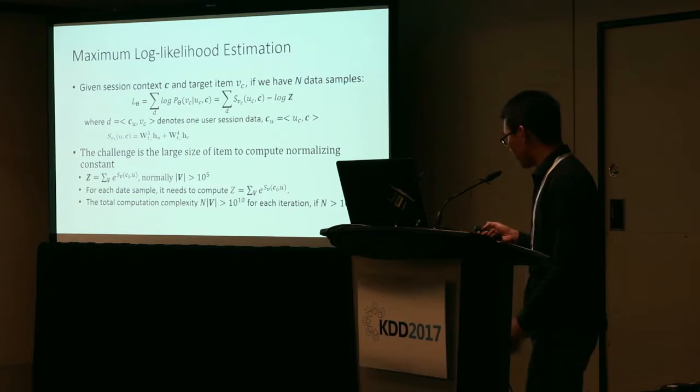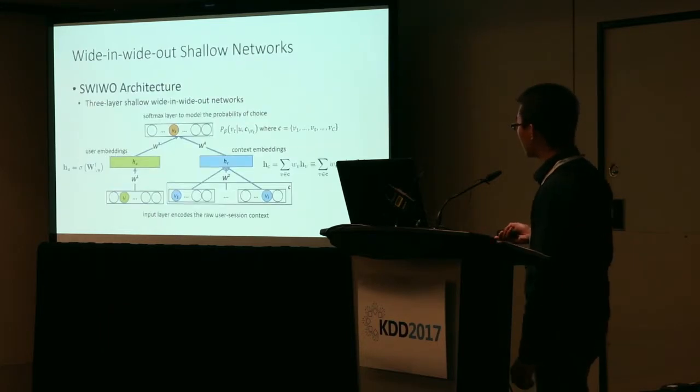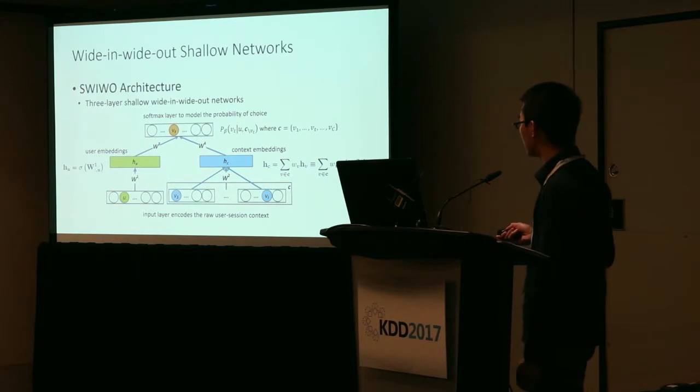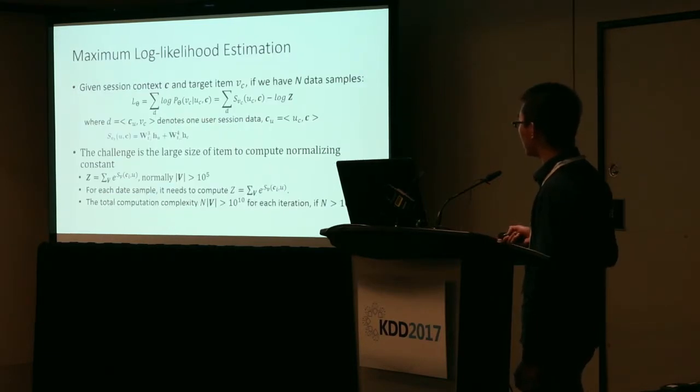The previous one does not show how we link the user embeddings and the context embeddings together to make the predictions. Here you can see we have a summation to get the scores of a given user and its associated context.